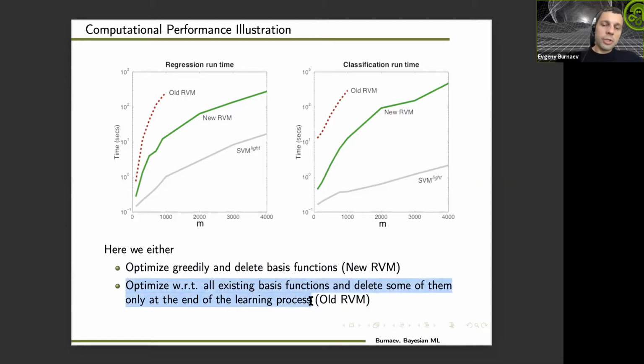Because on each iteration, we can delete and add some basis function. Or we just put all basis functions inside and don't delete until the end, but we just control the coefficients alpha. And if at the end some of the coefficients alpha are equal to infinity, we delete the corresponding basis functions.